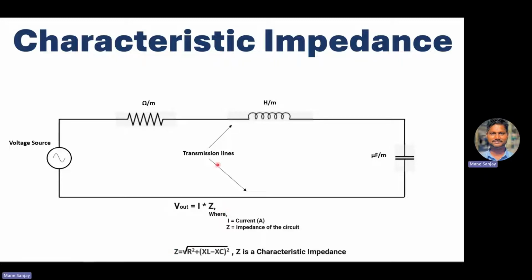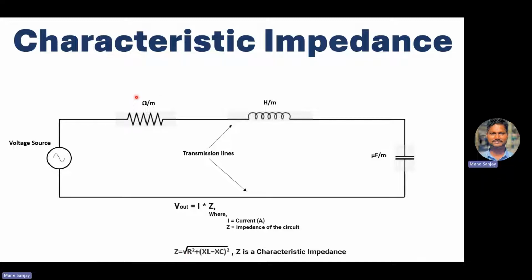So here the characteristic impedance of the RLC model, the typical circuit model that describes the transmission line, is calculated from the equation square root of R square plus (XL minus XC) square. And this is the characteristic impedance of the transmission line.